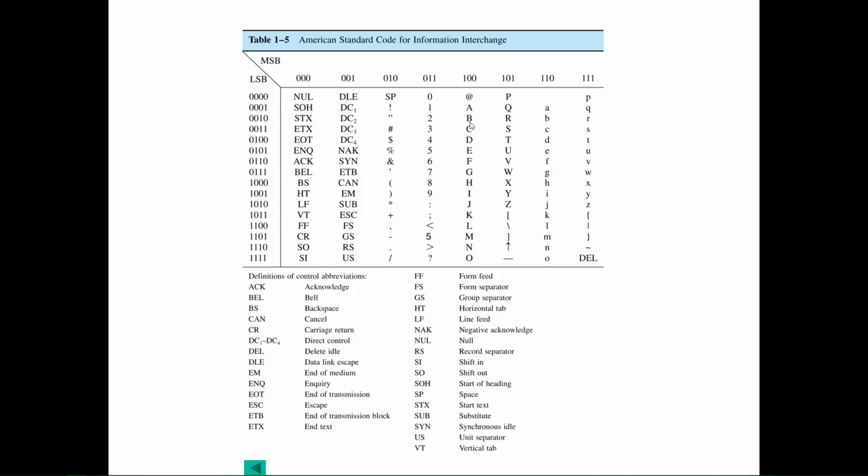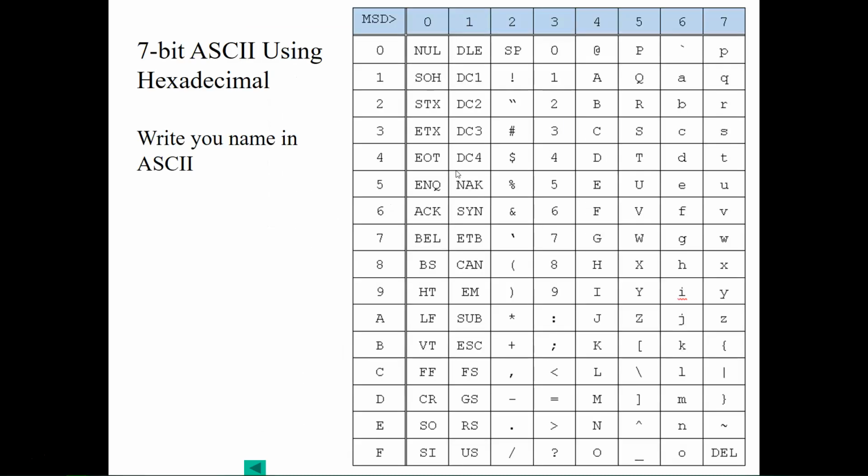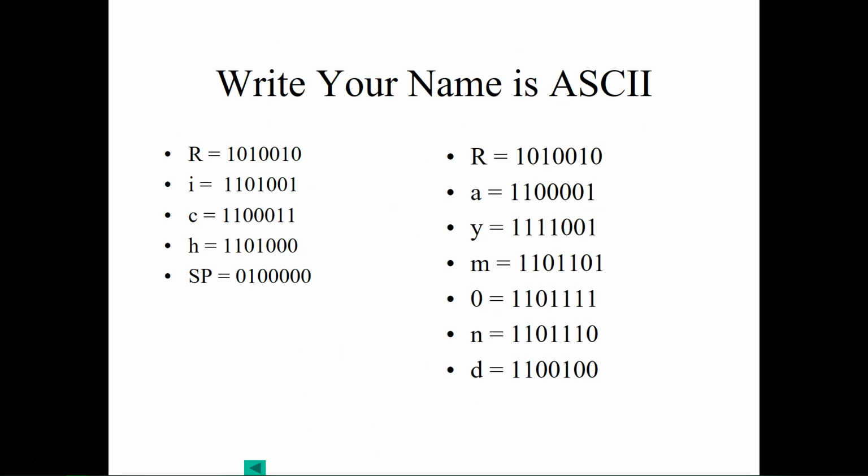If I did my last initial, 100, and then 0010. This is all the capital letters, and then they also have all the lowercase letters. So this was done by Rich Raymond using his name. So R, you have that 1010010.